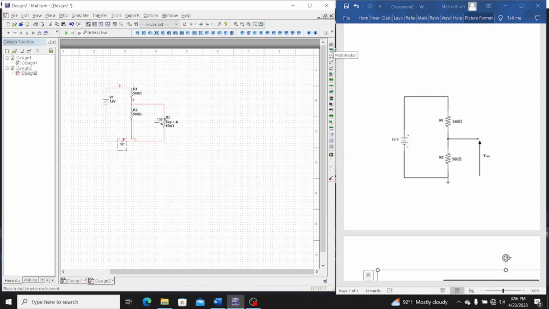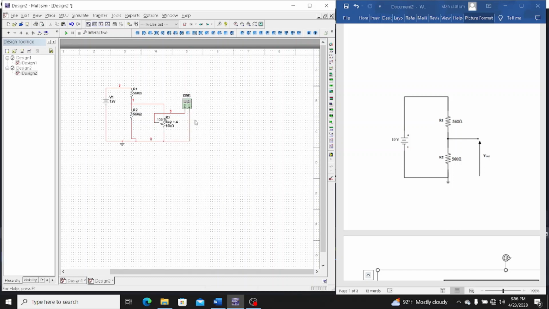I am going to take a multimeter, here it is, and in positive polarity I am going to connect with this arrow, and negative with this ground.